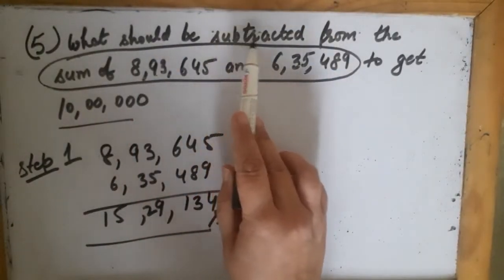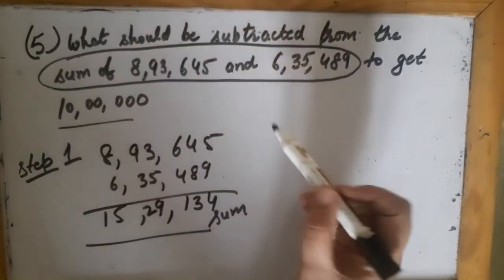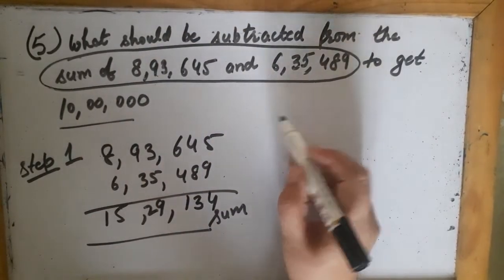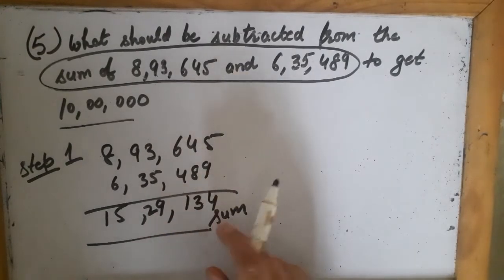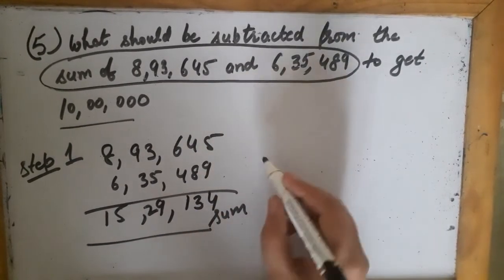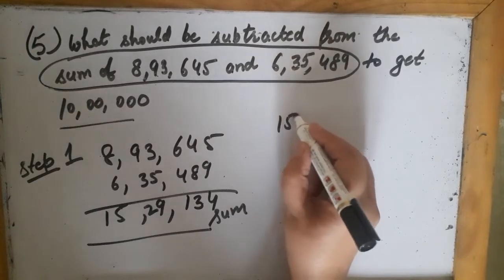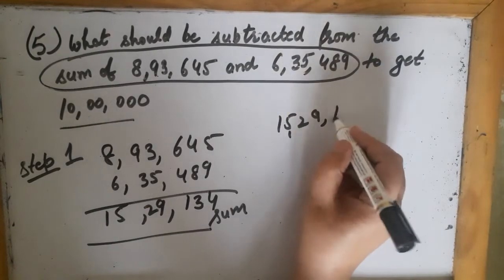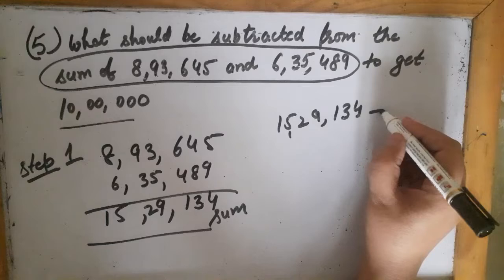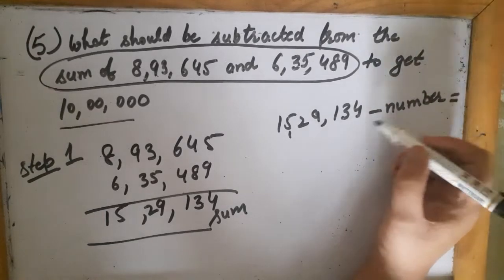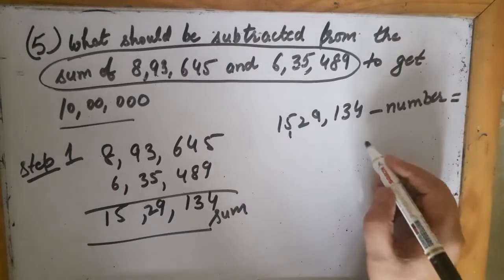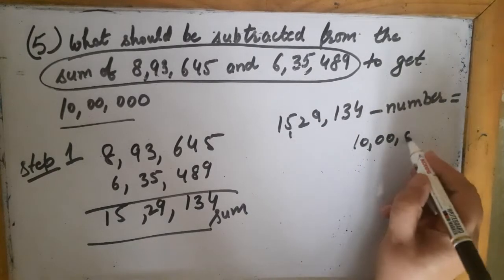Now what they are saying, from the sum of these two numbers, what should I subtract to get this one? So what should I subtract from this number so that I get 10 lakhs?